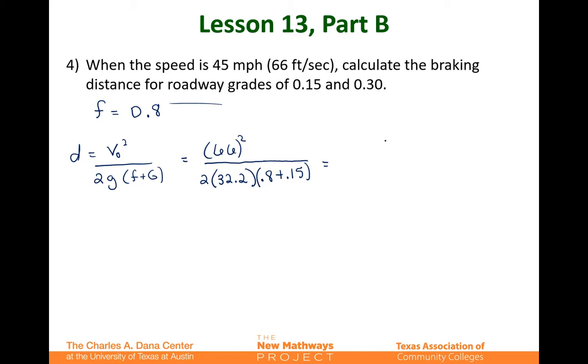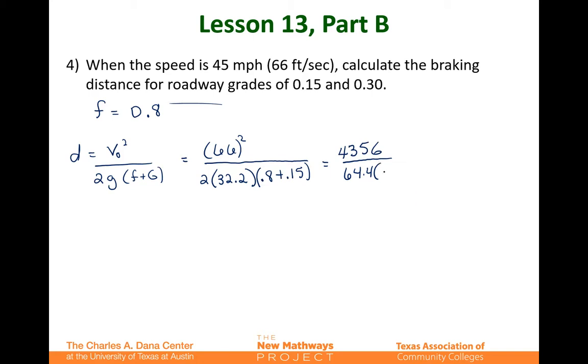So let's do this step by step. 66 squared is 4356. This is going to be divided by 64.4, but I have to add the 0.8 plus 0.15.